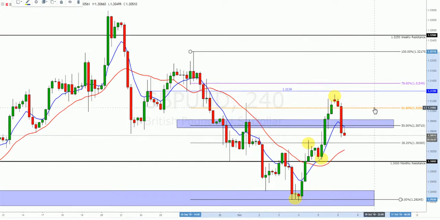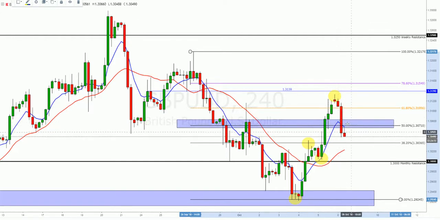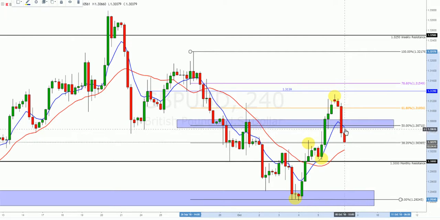So if you look at the 4-hour time frame now, you can see that we've already broken back through that exponential moving average of support, and this 4-hourly candle has already come back up to retest that region as resistance, and price is now melting as we're talking now, looking to come down towards this 1.3 monthly support level.